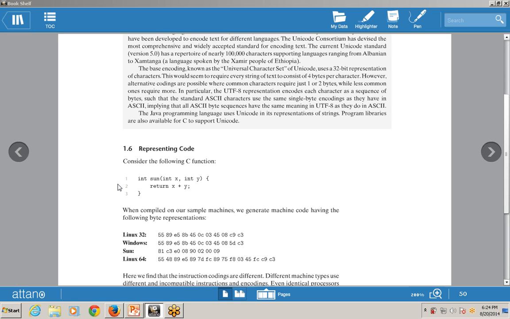This says int sum, parenthesis open, int x comma int y. Int x means these are variables. I can use two variables, one variable is x and another variable is y, and I can add these two variables, that is return x plus y.